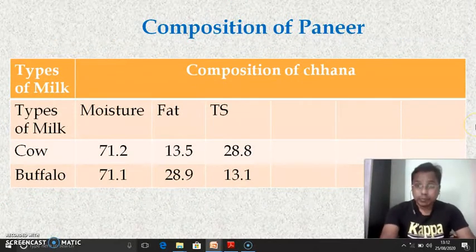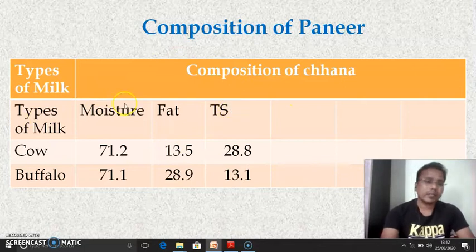Let's see the composition of paneer. In this table, two different types of milk are given, cow milk and buffalo milk.